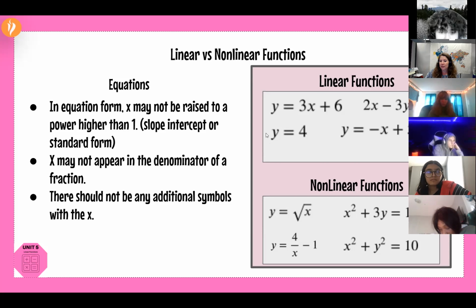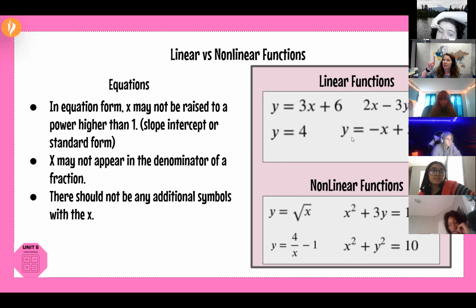And who can tell me what kind of graph this would be? Y equals 4. What kind of graph would that form? Remember Buck's Hoy? This would be a what kind of line? Horizontal line. Okay, but the point is that all of these variables are raised to the power of 1. So if that's true, you've got a linear function.